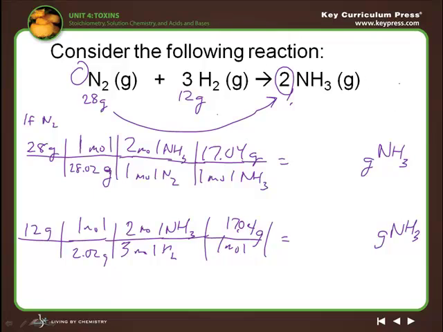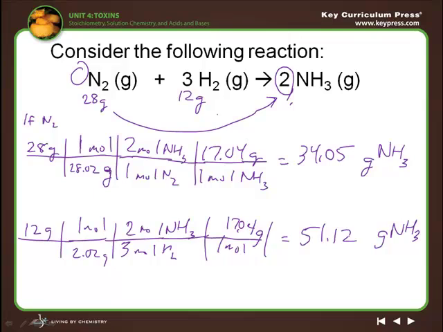Now I do the same thing for the bottom, because I don't know which one my limiter is. 12 divided by 2.02 times 2 divided by 3 times 17.04. And the answer I get for the bottom one is 51.12 grams.